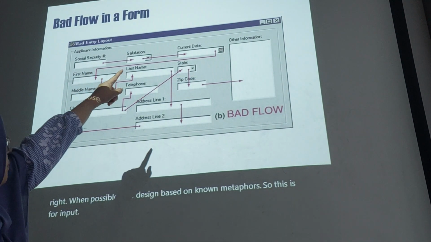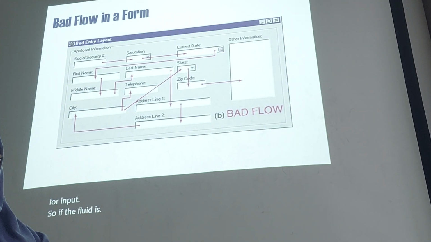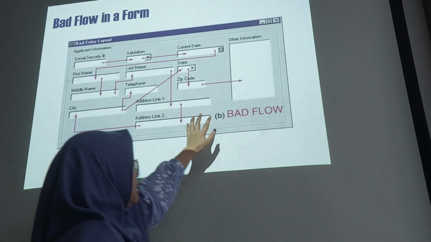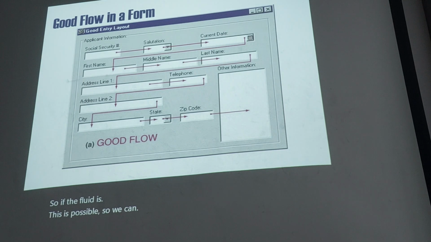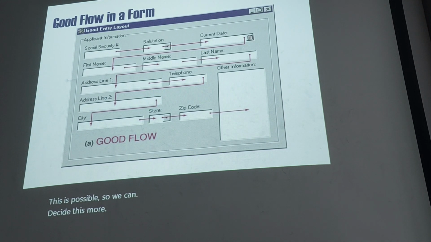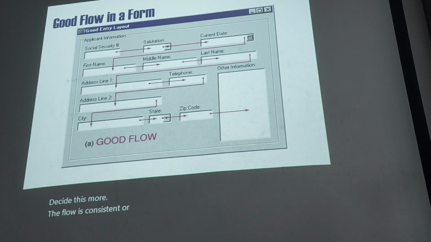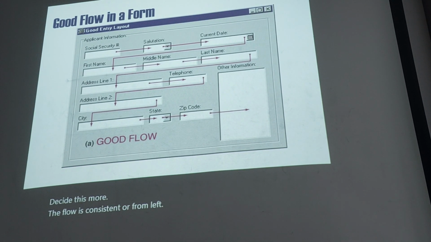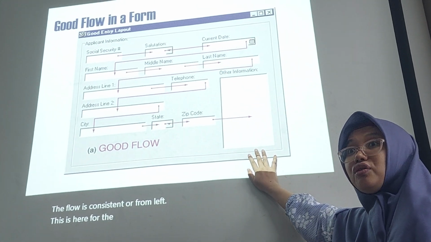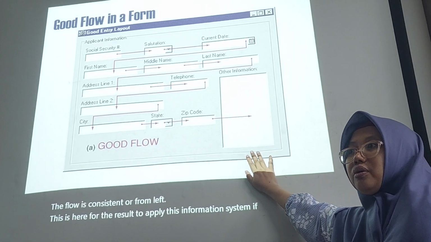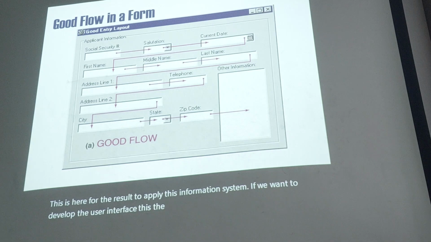The flow can go up and down, left to right, or right to left. The flow should be consistent from left to right and then down. This is easier for the user to apply this information system. If we want to develop a user interface, the flow must be considered.